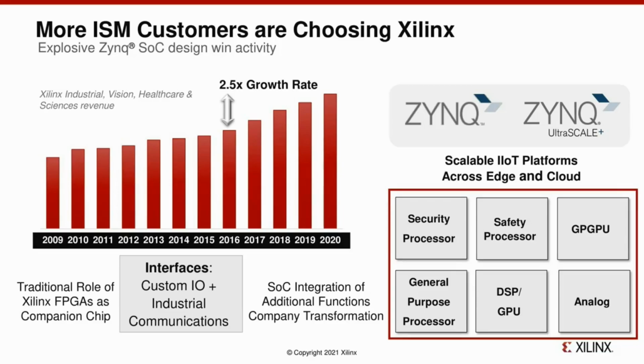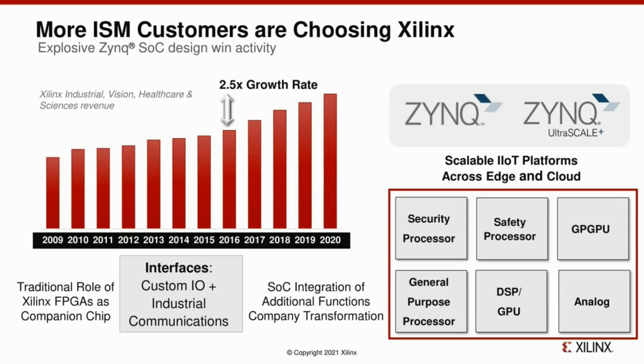So as you can see, from 2016 onwards, once we brought in the SoC family, which integrated several functions, there was a huge adoption in the market, especially in the industrial market of this device. Even though the device itself was introduced in 2012, industrial designs typically take a few years to ramp up to production.